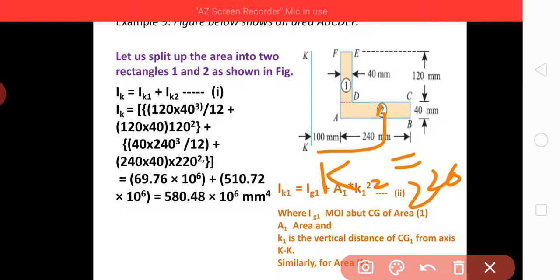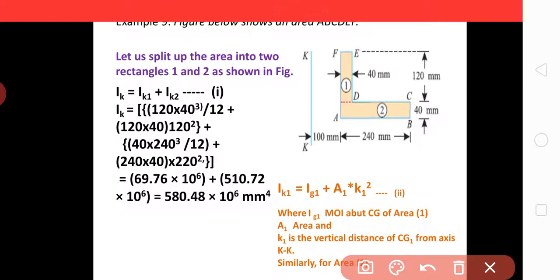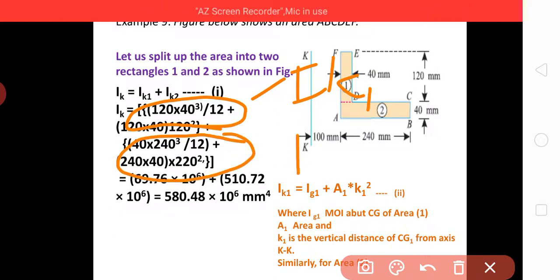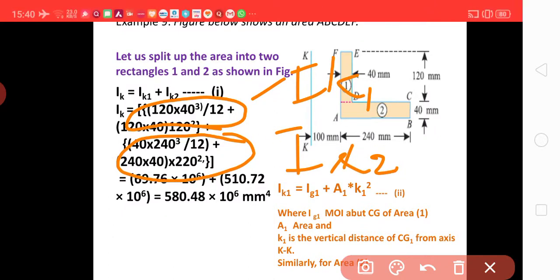Okay, so we just apply it directly: this is your IK1 and this is your IK2. How? Let us discuss it now.